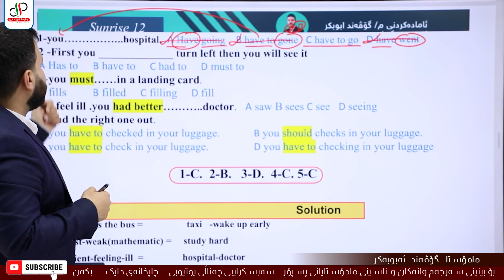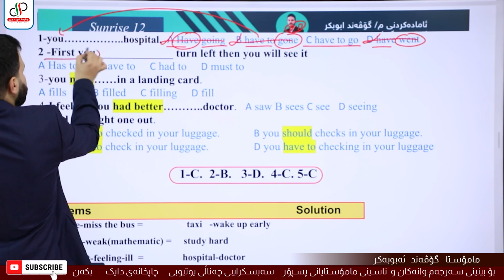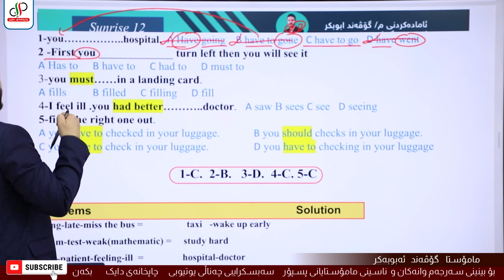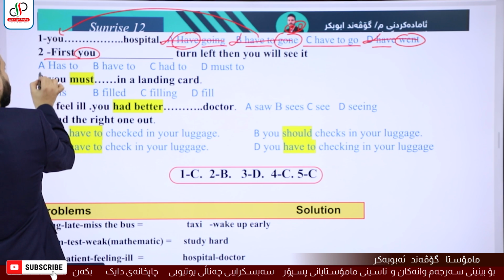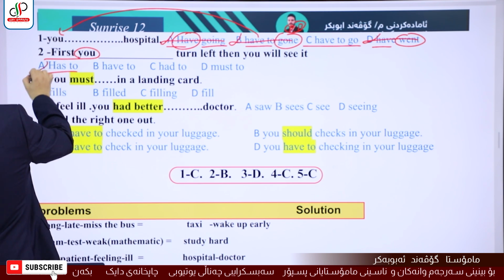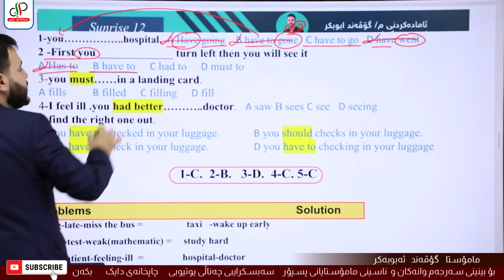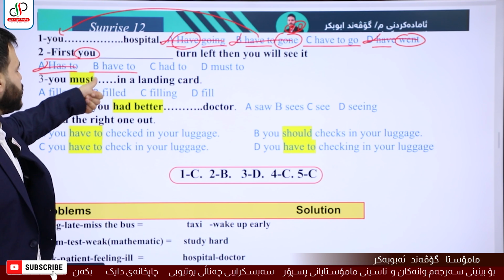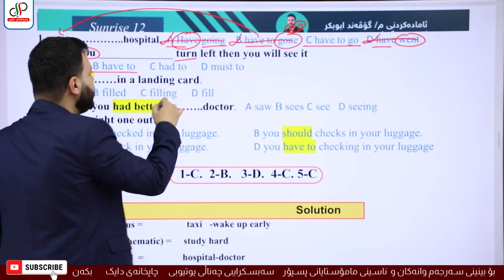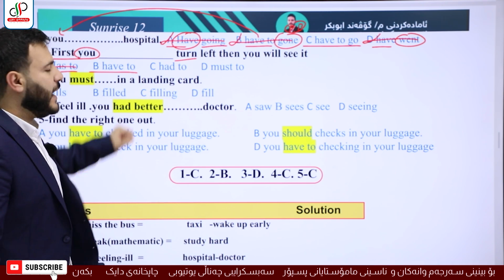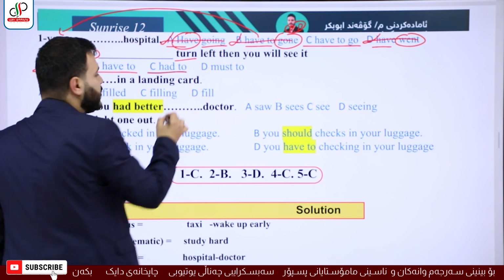Let's see the second one. It's first. You. You is a plural subject. We don't use has to with you. That's why A is wrong. And how about have to? Yes, it's right. Here we have a base form. Yes, of course, it's right. And had to is grammatically correct.